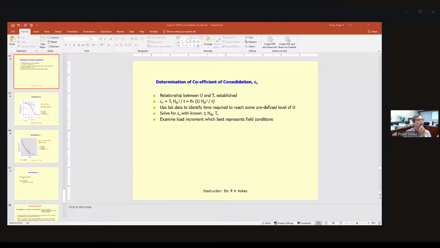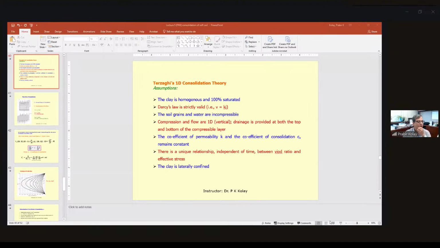Can you see now? Yes, sir, it's visible. It shows the Terzaghi 1D consolidation theory slide. Yes, sir, you can put it in the full screen mode. It is in the slide mode at the moment. Oh, really? I put it in full screen mode.